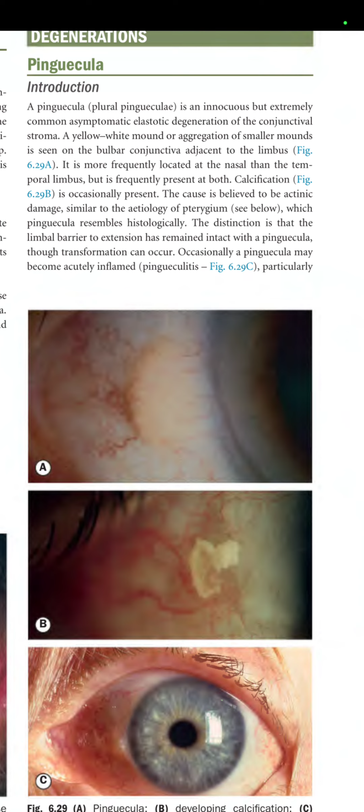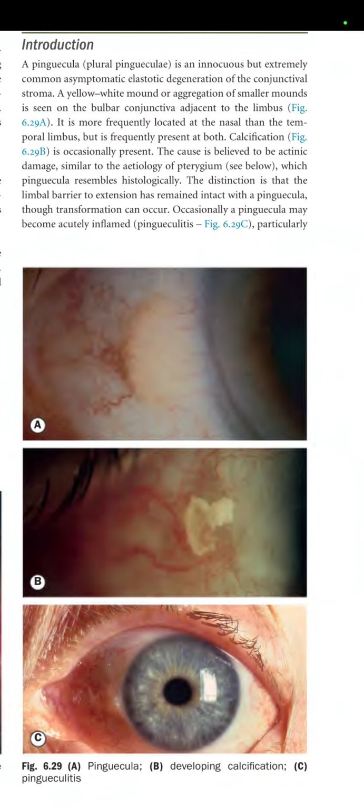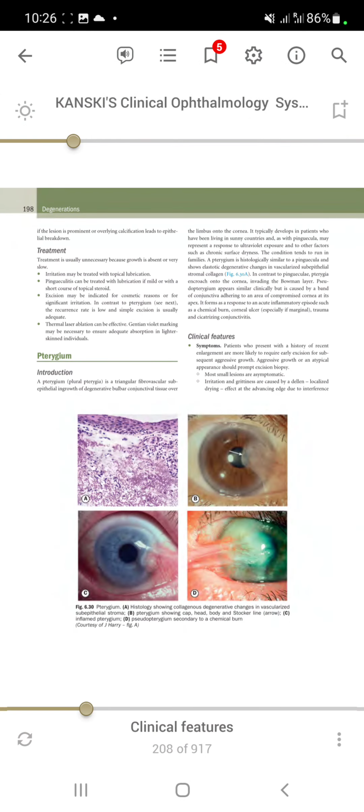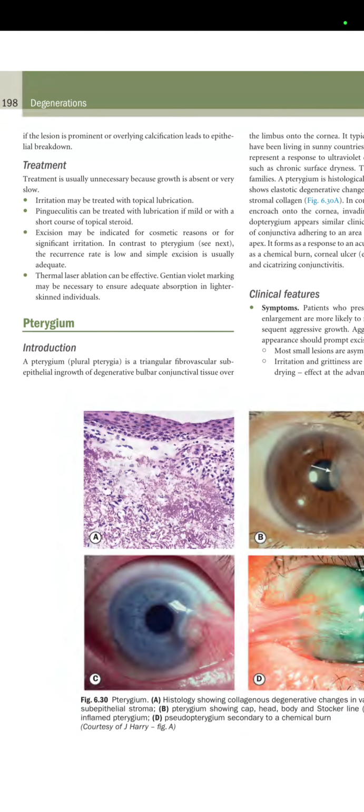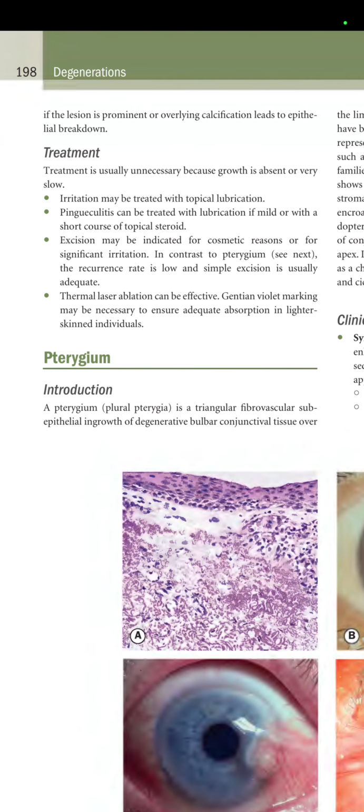The cause is believed to be actinic damage, similar to the etiology of the pterygium. Actinic damage is basically when UV radiation damages the conjunctiva, which pinguecula resembles histologically. The distinction is that the limbal barrier to extension has remained intact with the pinguecula, though transformation can occur. Occasionally, a pinguecula may become acutely inflamed, called pinguecultis, particularly if the lesion is prominent or overlying calcification leads to epithelial breakdown.